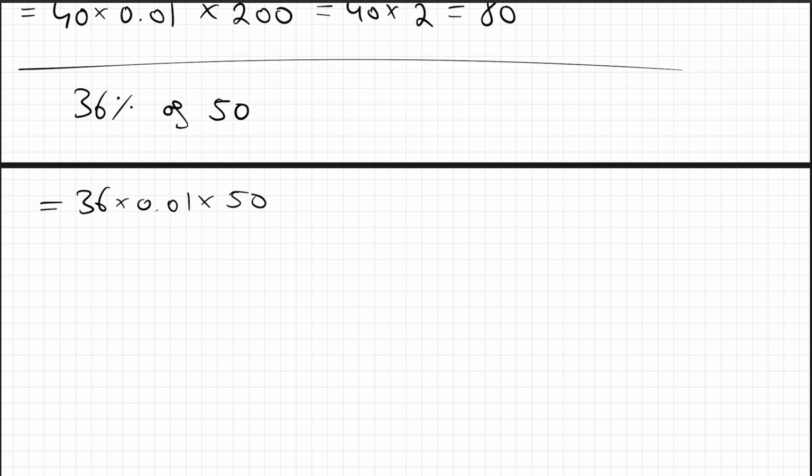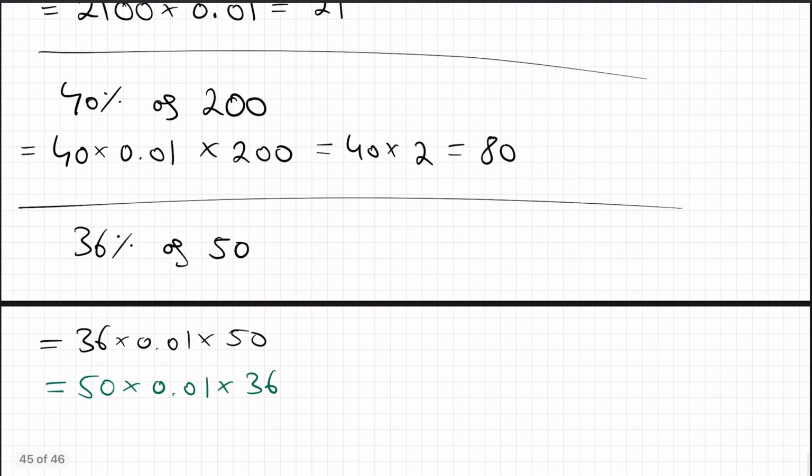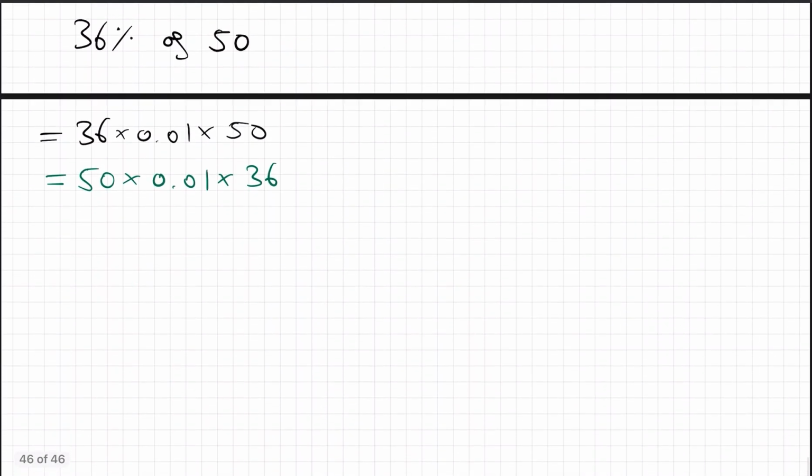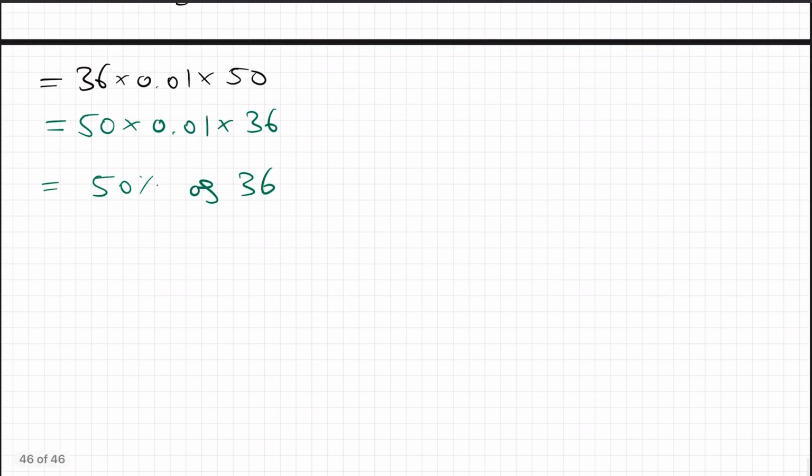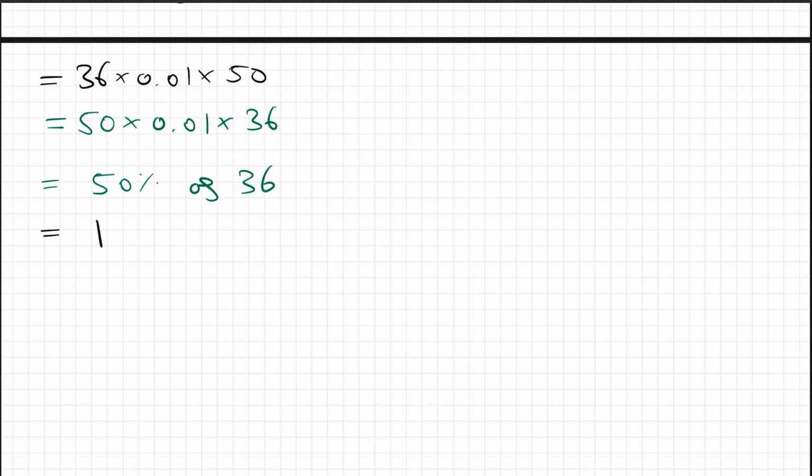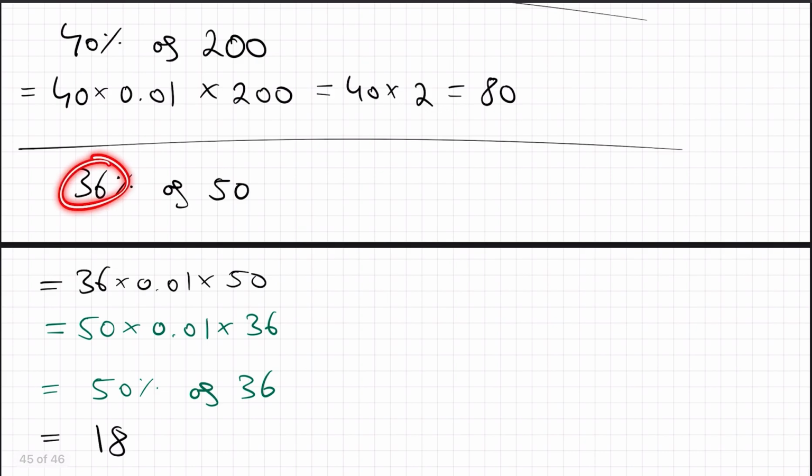So we can really just rewrite this as 50 times 0.01 times 36. And if we use this trick backwards now, we can say this is 50% of 36. And you should know 50% just means a half, so that just comes out to 18. So that's a trick, really easy. You can literally just swap around these numbers. So 36% of 50 is the same as 50% of 36, just like that.